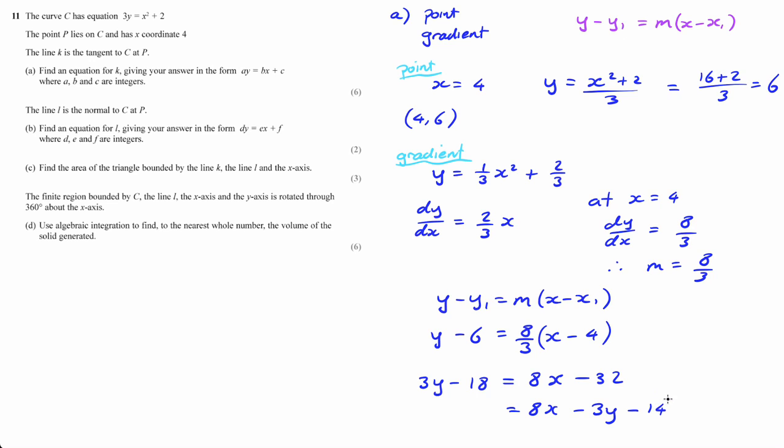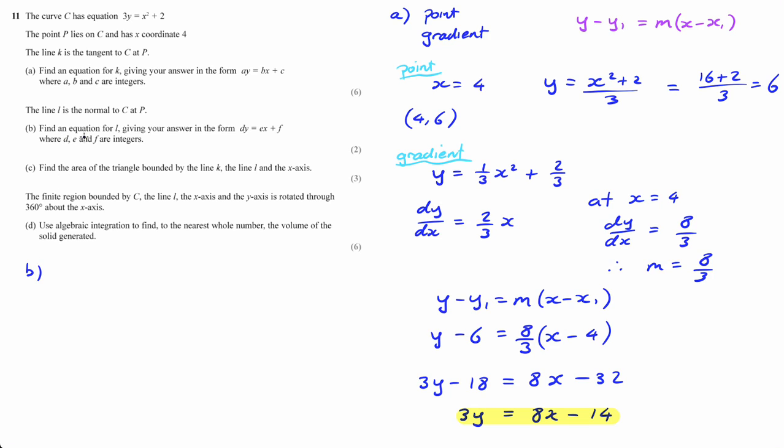Actually, sorry, I just realized he wanted it in this form, which is ay. So sorry, 3y equals 8x minus 32 plus 18 is minus 14. So this here is our answer. Okay, that is part A. Part B.